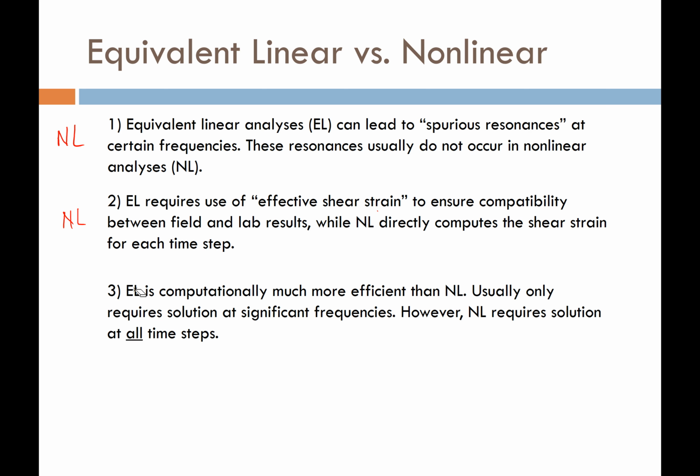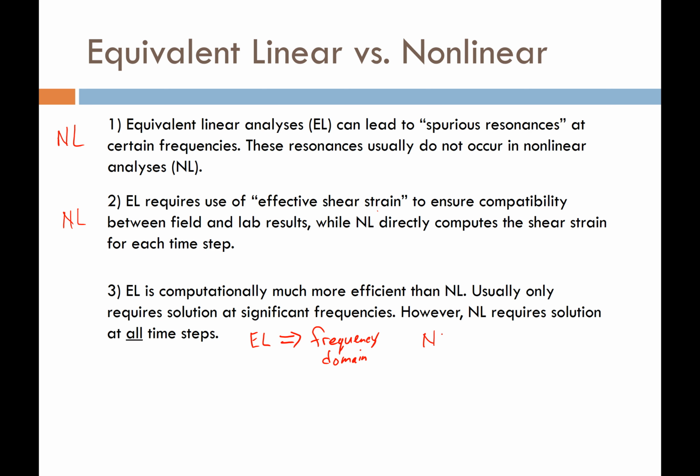Equivalent linear does not solve the problem in the time domain. Equivalent linear is a frequency domain solution. So it's not stepping through time steps. It's solving the solution in one single calculation by multiplying or dividing, if you're deconvolving, the Fourier amplitude spectrum by the transfer function.